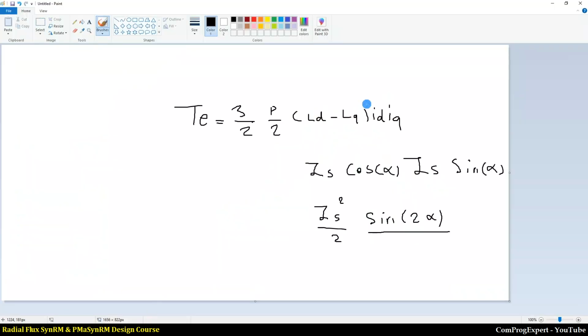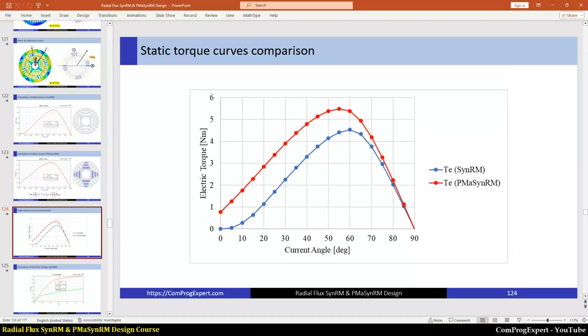This is because of 3 divided by 2, P divided by 2, lambda M, ID. This is the case when we have permanent magnets, and when the value of current angle is equal to 0, we have ID, and this is the value of torque that we have here for the PM assisted motor.